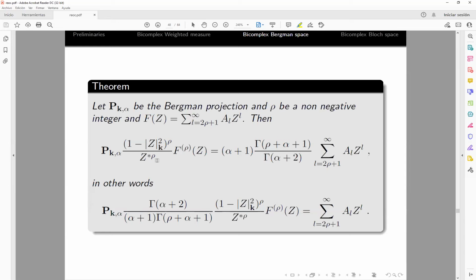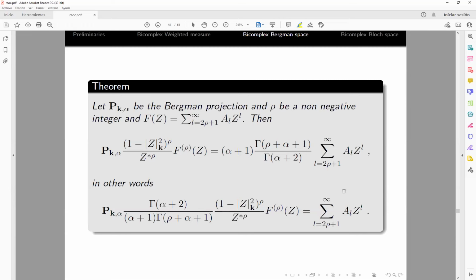Z should not be a zero divisor, of course. And here is the rho derivative of F. Then the Bergman projection of this function is this constant plus this power series. And this is, of course, a bicomplex holomorphic function. Or if we pass this constant to the other side, then we have exactly this.